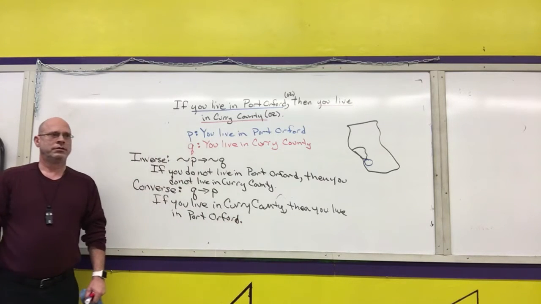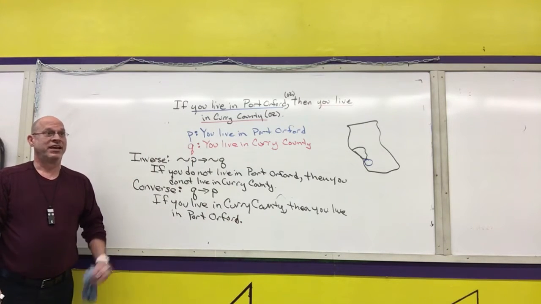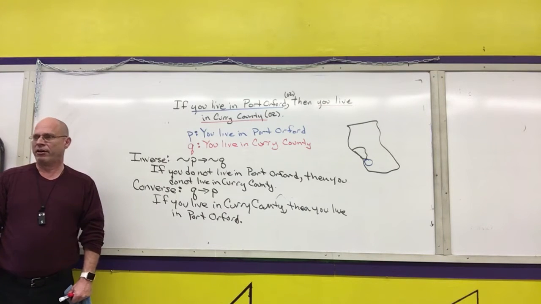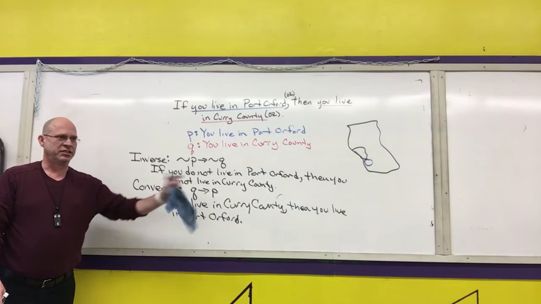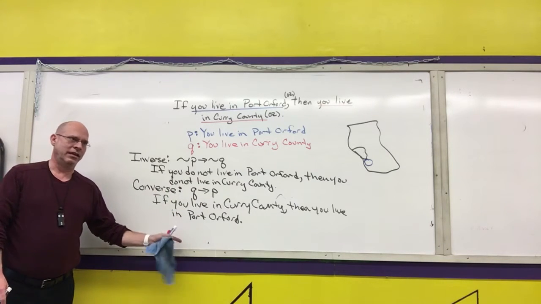Is this true? No. Because again, you can find a counterexample, and that counterexample would be somebody that lives in Gold Beach. Somebody that lives in Gold Beach lives in Curry County, but they do not live in Port Orford.